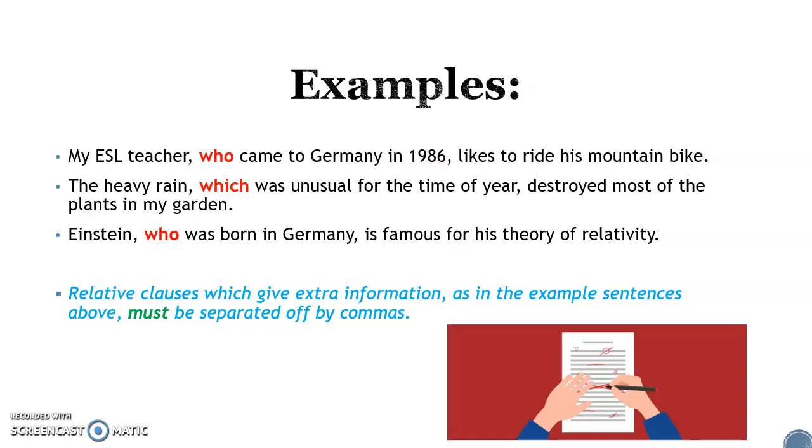Whereas your adverb clauses are looking more at those subordinating conjunctions, these relative clauses are using those specific words: who, which, when, why. Relative clauses must give extra information, as in the example sentences above. They must be separated by commas.